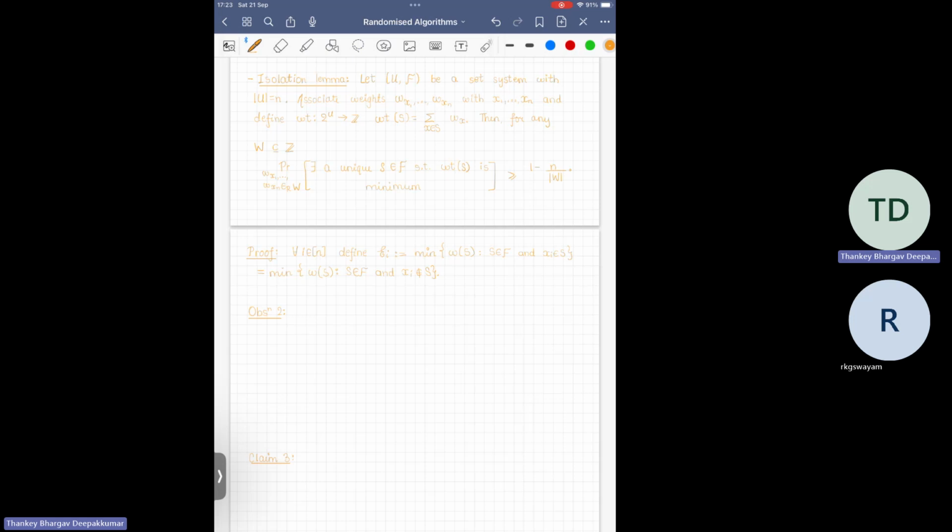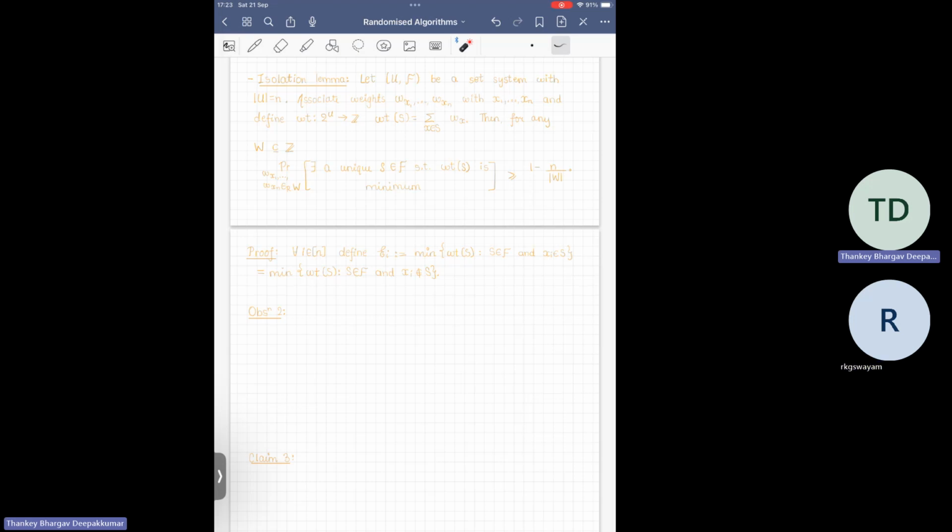So we define n events E1 to En as follows. Let's parse this. I should write W of S1 and W of S2, I guess. Okay, no, that is fine, not a problem, and the reason is the following.